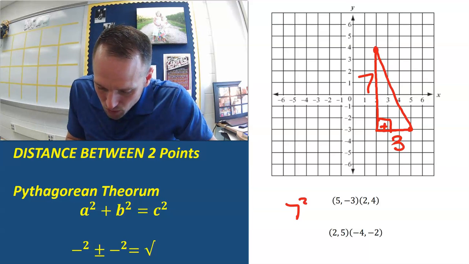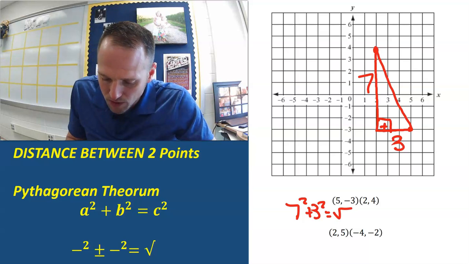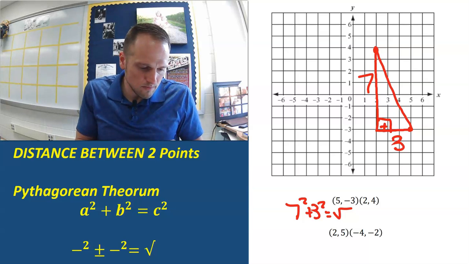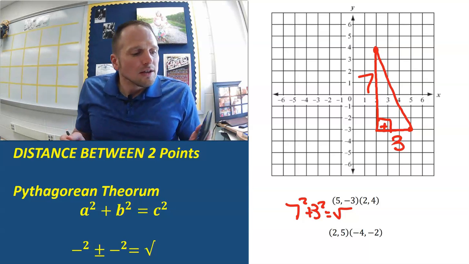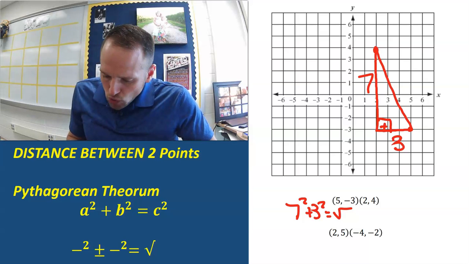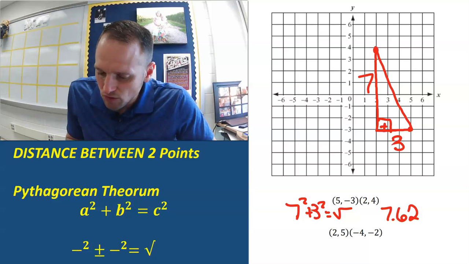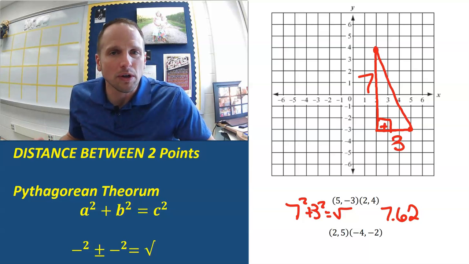So we've got 7 squared plus 3 squared equals, square rooted. And let's see what that's going to be. 7.62. So the length of that line is 7.62.